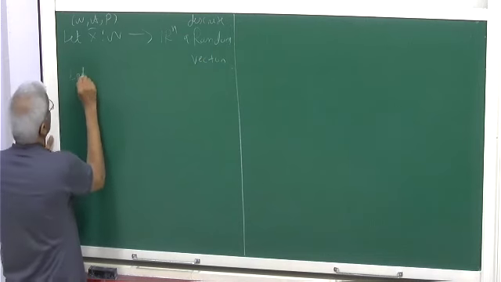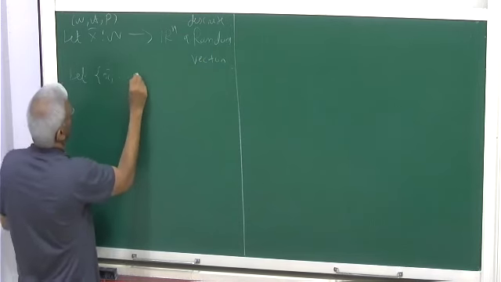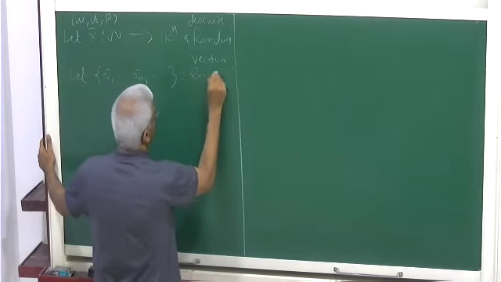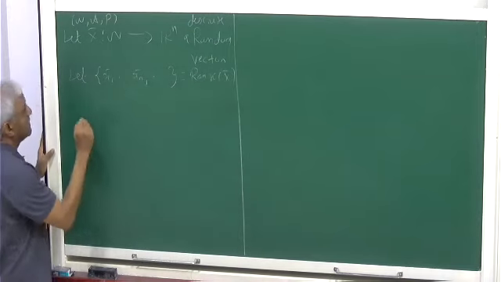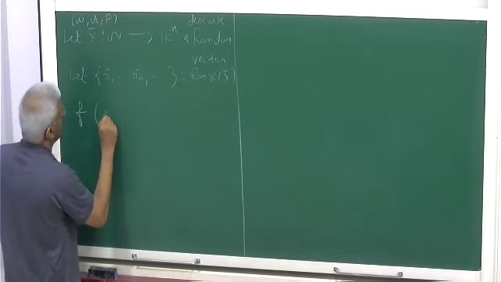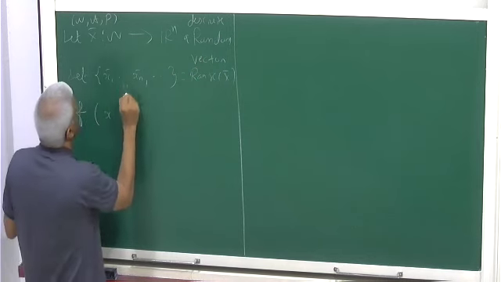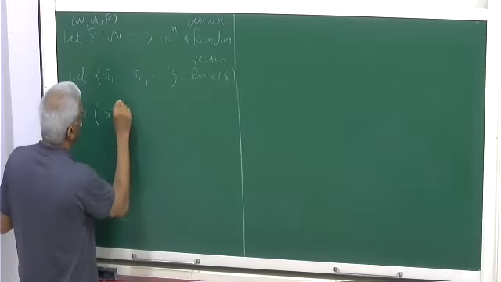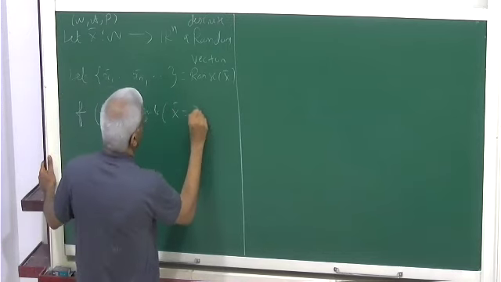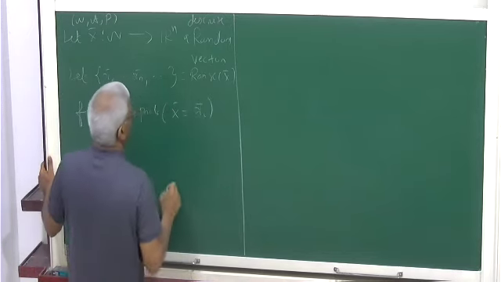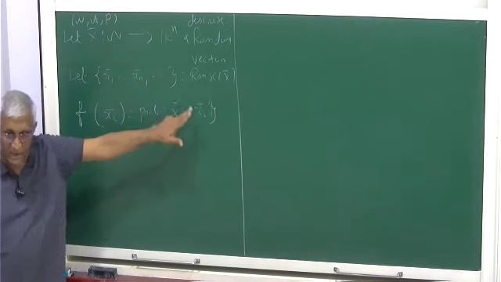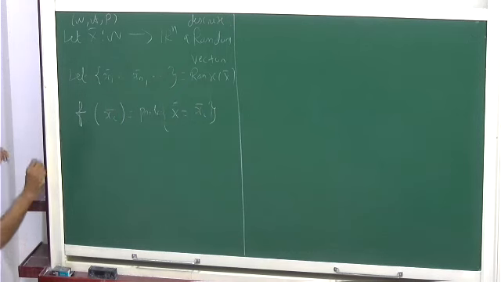So let x1 bar, up to xn bar be the range of X bar. Then you define the function f at xi bar equal to the probability of X bar equal to xi bar, that is, of all those omega such that X bar of omega equals xi bar.